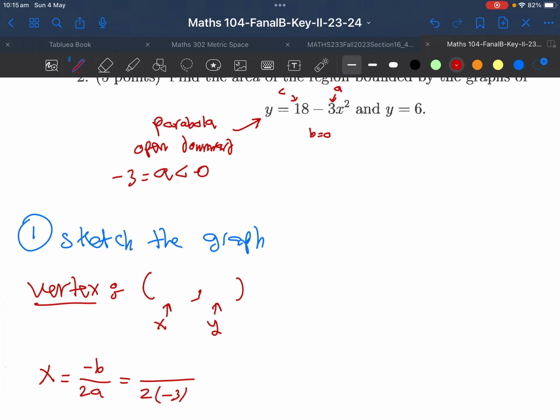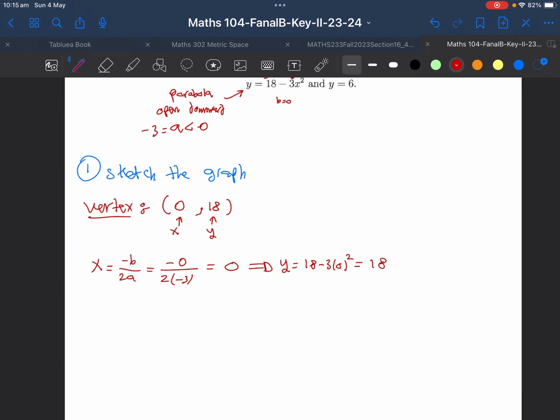Now, I know that a is negative 3. How about b? b is 0. So the answer is 0. So the x-coordinate of the vertex is 0. How about the y-coordinate? Just substitute 0 instead of x. You get 18. So the y-coordinate is 18.